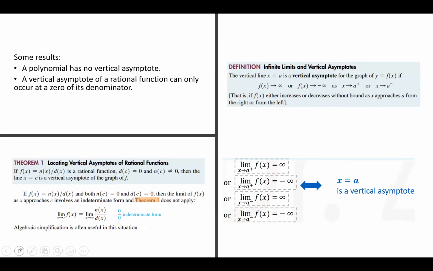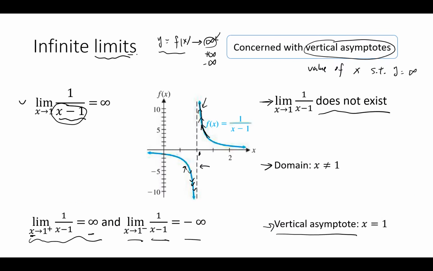Let's look at some general results. First, a polynomial has no vertical asymptotes. A polynomial function, a line of any degree of flexibility, has no vertical asymptote because it is continuous across the whole domain.